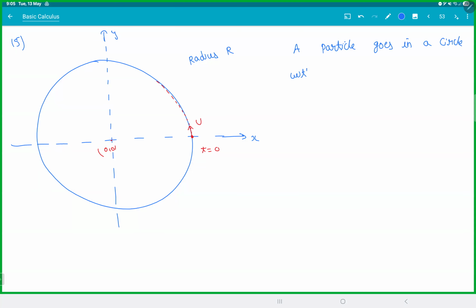Particle goes in a circle with speed u. Find the position vector. Find r bar as function of time t. After some time, the particle will come here. So I want you to find this r bar. Once you get r bar, differentiate, find velocity as function of time t, find acceleration as function of time t. Get all of them.